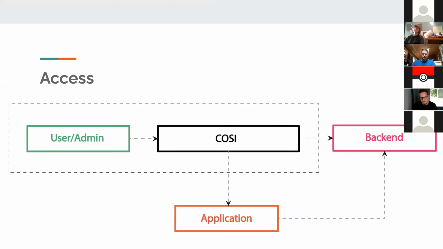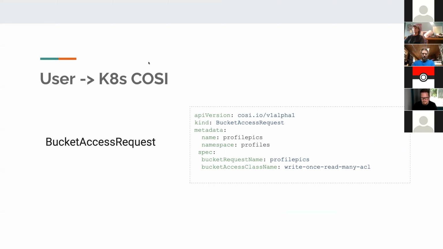So to start out with, let's talk about the first two actors highlighted or selected using this dotted box here. So the interaction between the user and Cozy. The way user would request access to a bucket is by using a bucket access request. A bucket access request, as the name suggests, is a request for access to a bucket.